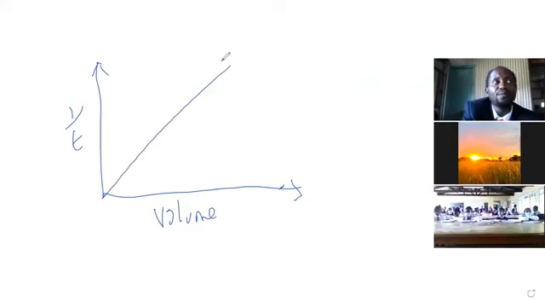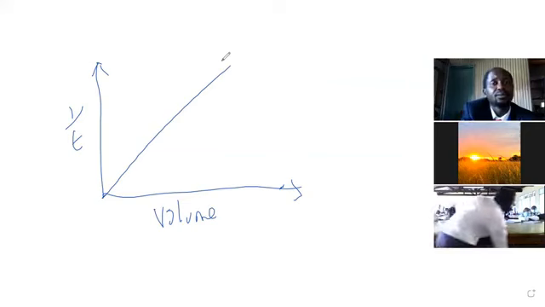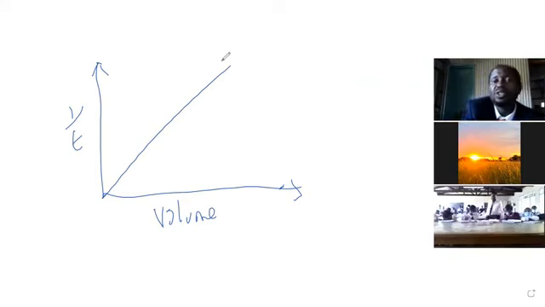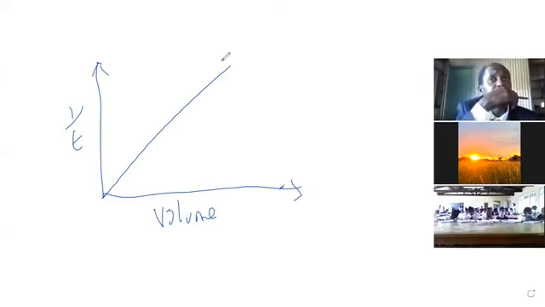Whenever you are dealing with a graph of reaction rate, 1/T, it must be a line of best fit, a straight line passing through the origin and two other plots. So graphs of 1 over T versus volume, or 1 over T versus concentration, are straight line graphs, lines of best fit that must pass through the origin.